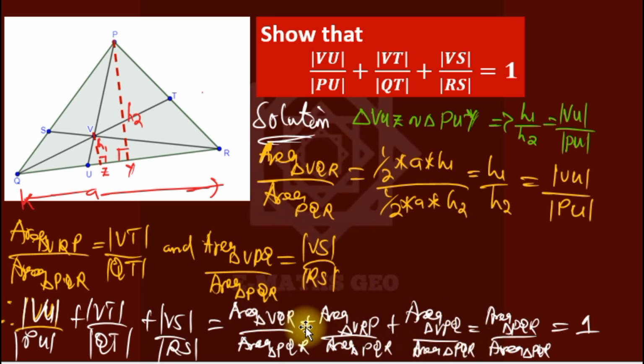And checking, the addition forms the big triangle. VQR is this, VRP is this part, while VPQ is the other part. So they will all sum to triangle PQR. So we now have triangle PQR over triangle PQR, which is 1. So we've proved that. Thank you.